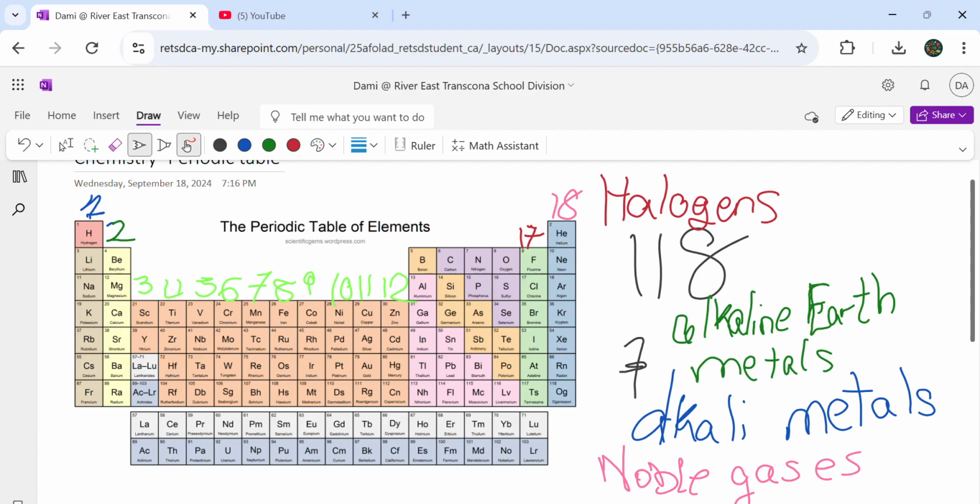This is what we call the transition metals. What are transition metals? They are a large group of metals that exhibit variable valency and form ions with different charges.